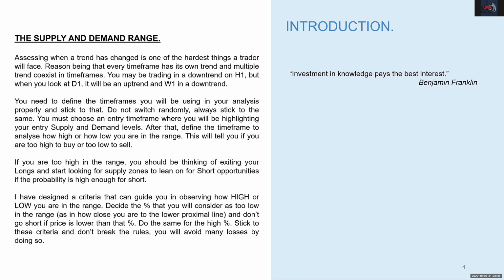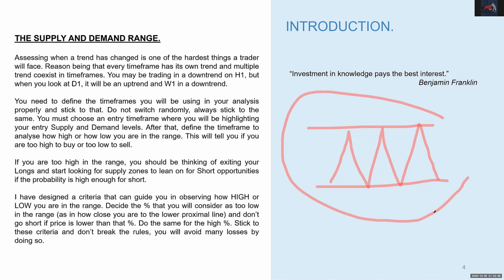So basically what we are talking about here, Jerome, in terms of the range, is something like this. You've got price moving up and down with no clear direction. This is what we call a range. Can you see the illustration that I've done there?